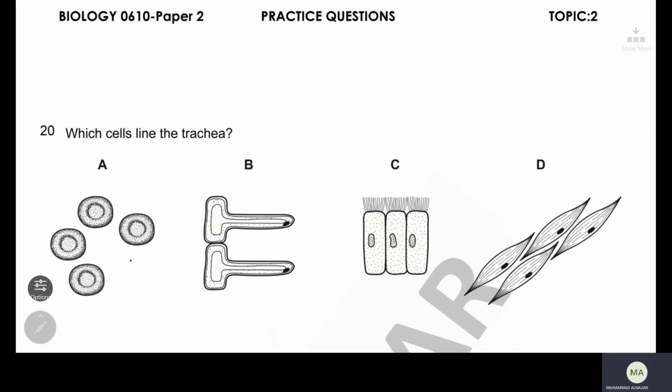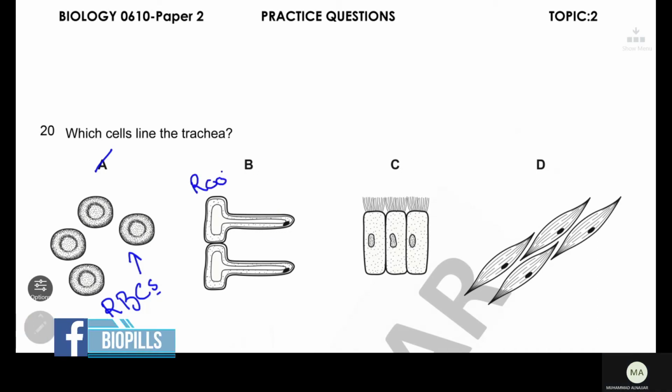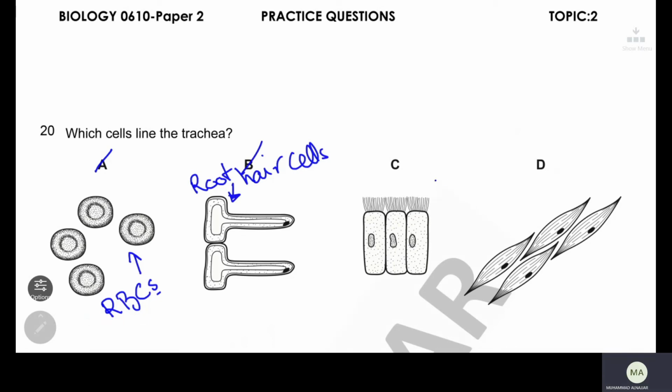A, what is this? This is a red blood cell, RBC, so this is not the lining of the trachea. B is a root hair cell, of the epidermis of the root. We exclude it; it is a plant cell.